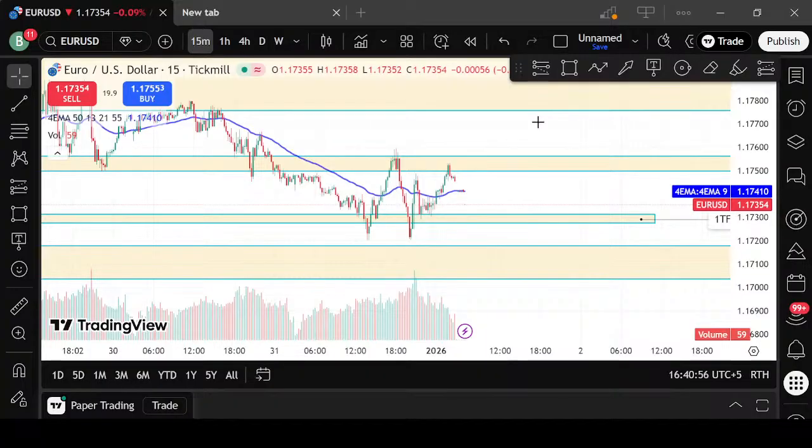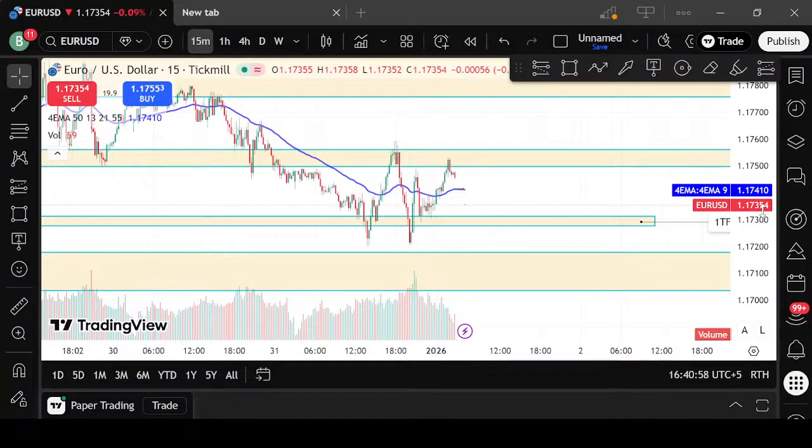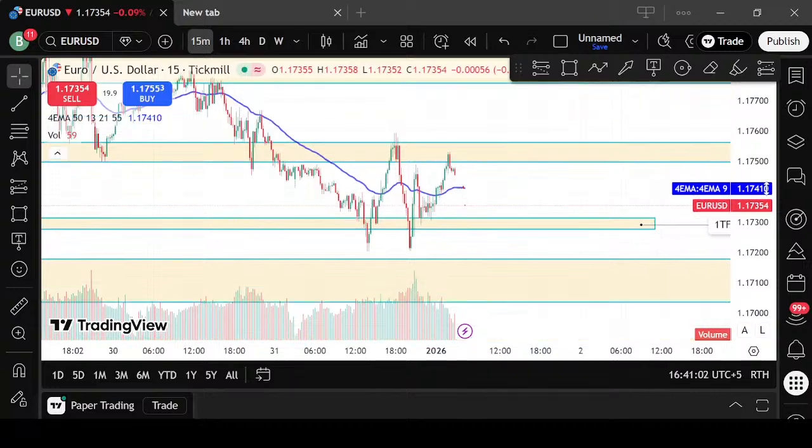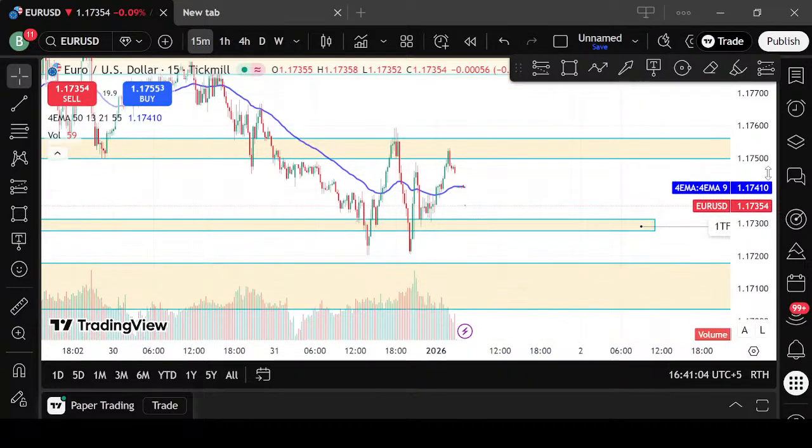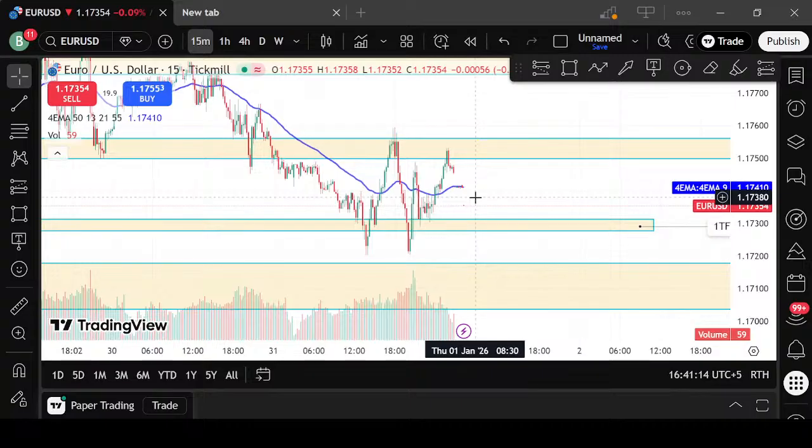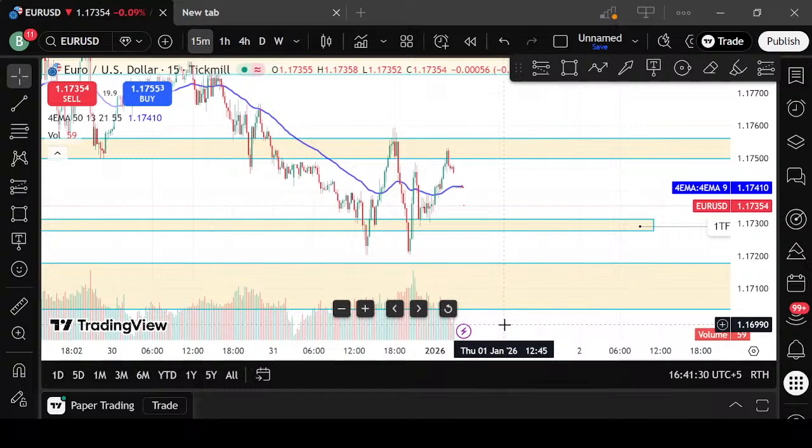Now in the 15 minute time frame, I will not mark any support or resistance because you can clearly see that above is the 4 hour time frame and below is the 1 hour time frame. Now it is rejecting from the 4 hour time frame, and now it should touch the 1 hour time frame and then rebound from that point.